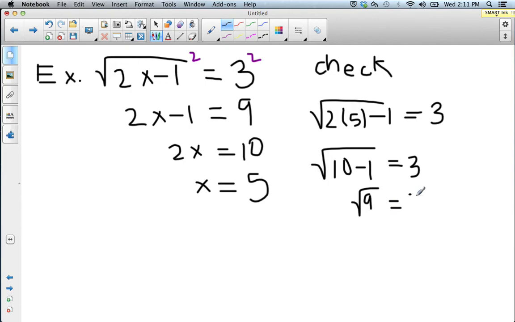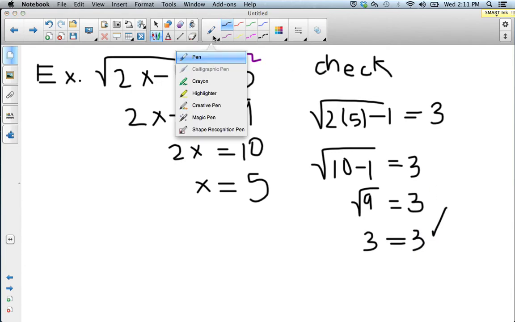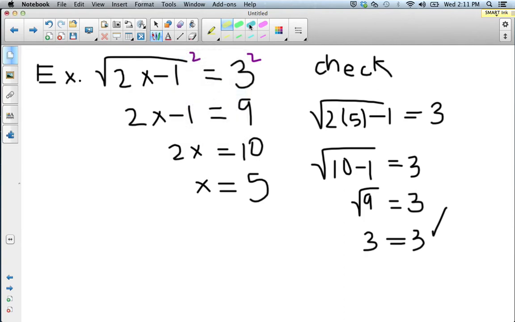And remember, we're talking about the principal solution here. There's no negative in front, so square root 9 in this case is just positive 3. And 3 equals 3, check, it works. So there's our solution. Here we go. Done.